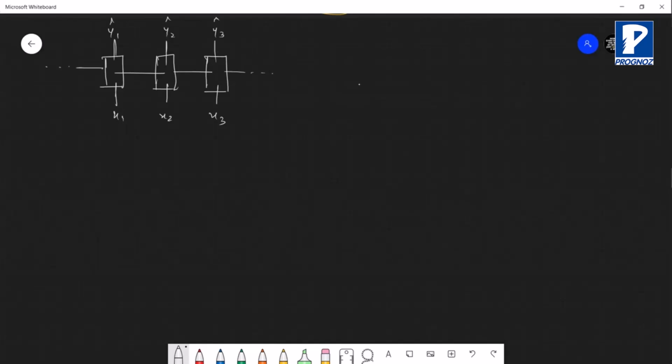Now when I am saying that this is a simple RNN architecture, and when I say bidirectional RNN, what do I mean? Again, we have discussed these things, I'm just recalling. You will give x1 as input and get y1 hat as output.